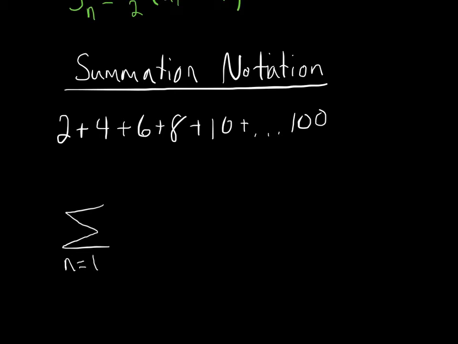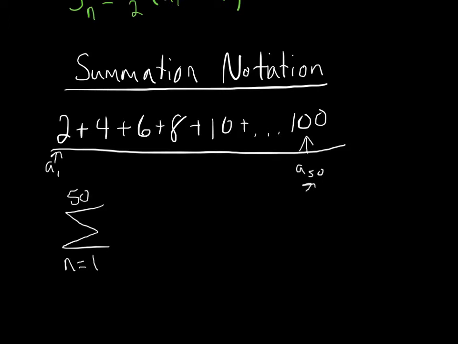With this series we did earlier on Wednesday, we found out that it took 50 terms to get from 2 to 100. So that was a sub 50. That is the upper limit. So this a sub n, the n is 50, is the upper limit, and we would write that above the Greek letter sigma. The lower limit goes here, and here's the upper limit.